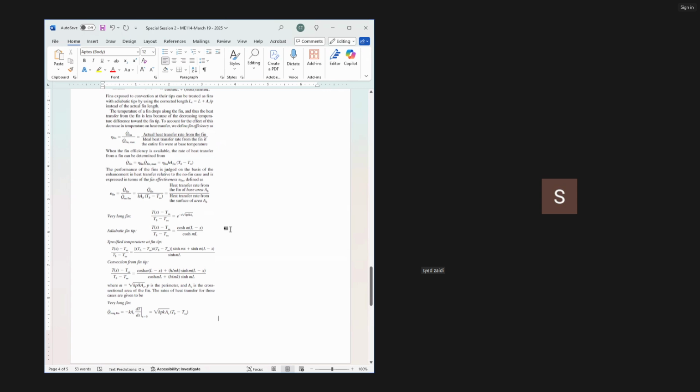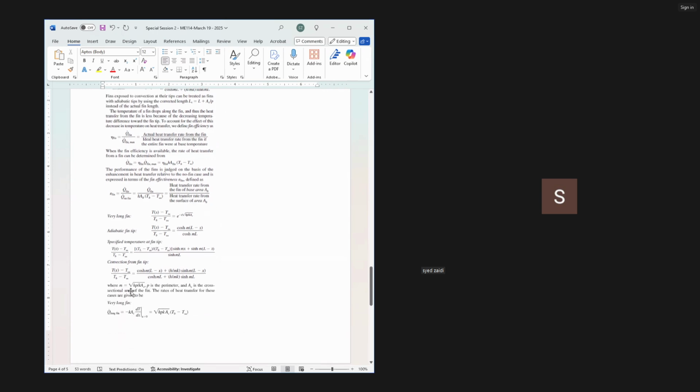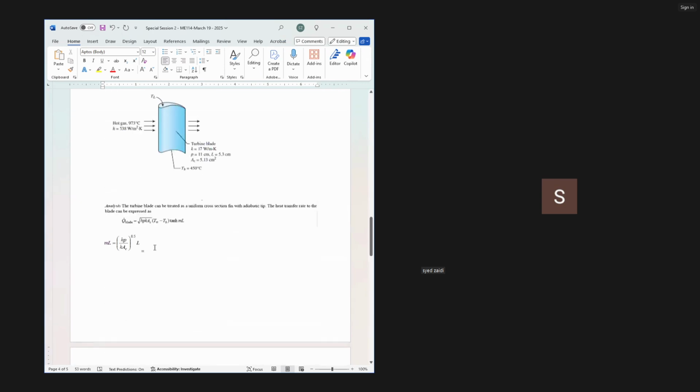Long fin is this formula, for adiabatic fin tip is this formula. So in each case, the M is the square root of HP over KAC, which is given here in this line. So we use that. So M is the square root of HP over KAC and L is L.